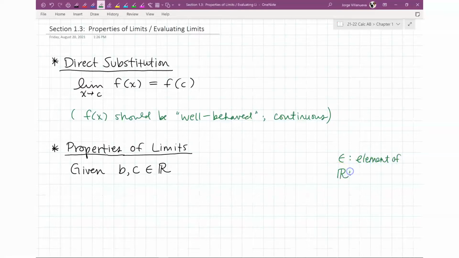This is real numbers. So B comma C, element of the real numbers, meaning given that B and C are real numbers, and that n is a positive integer, okay?